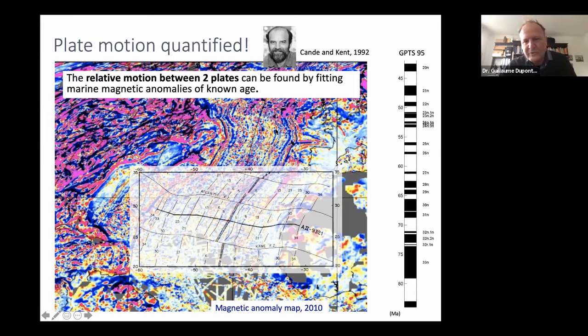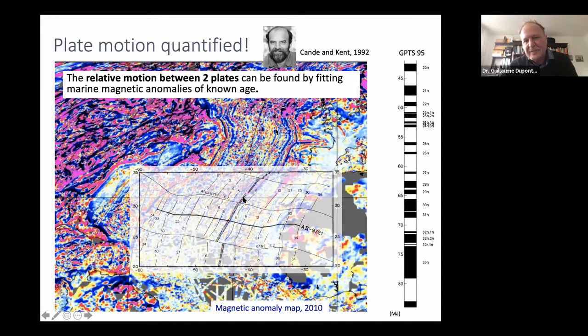You can see here, this is in the Atlantic somewhere, and we recognize some marine magnetic anomalies. We have a very good age for the reversals. So the idea is to retrofit different marine magnetic anomalies back to the spreading ridge.